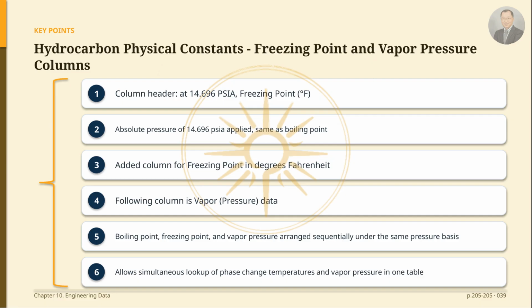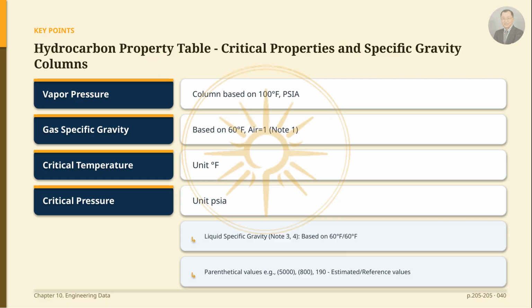Now, I will introduce the column configuration for organizing critical properties and specific gravity data in the hydrocarbon properties table. This table presents the properties of each hydrocarbon compound across several columns. First is the vapor pressure, expressed in PSI at 100 degrees Fahrenheit. Next is the gas-specific gravity, which is a relative value compared to air as 1.0 at 60 degrees Fahrenheit, and this reference is specified in Note 1.